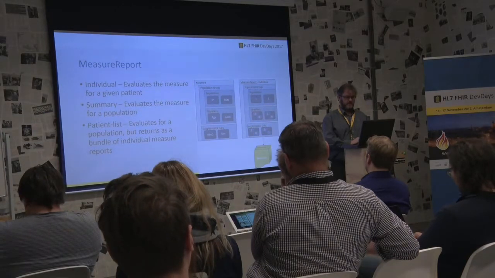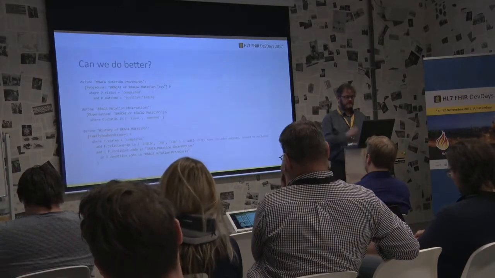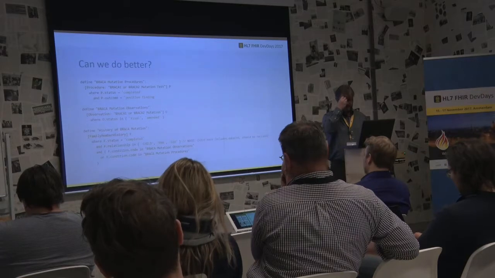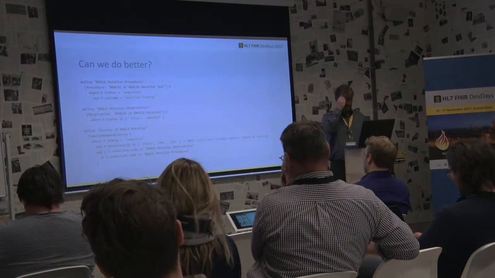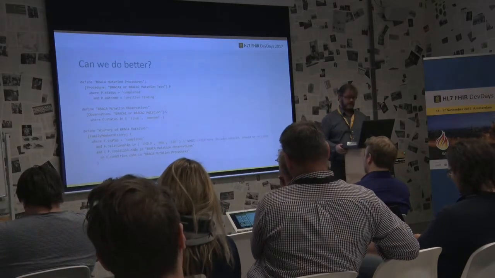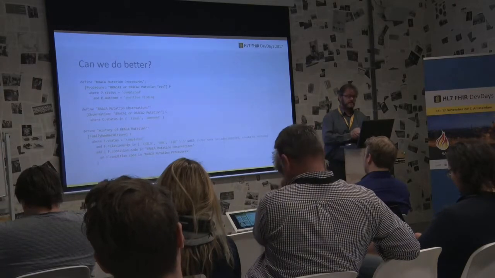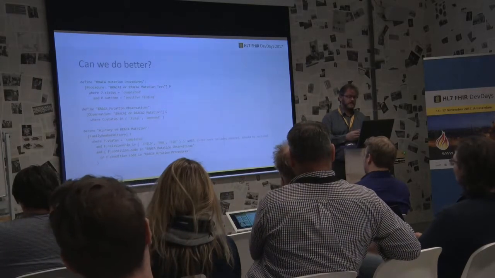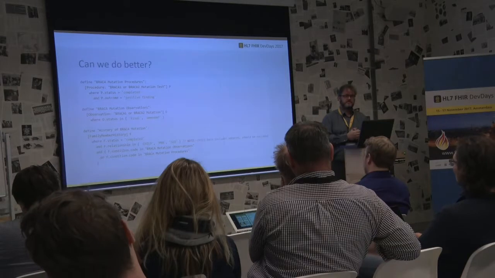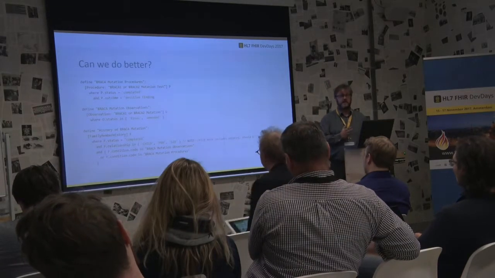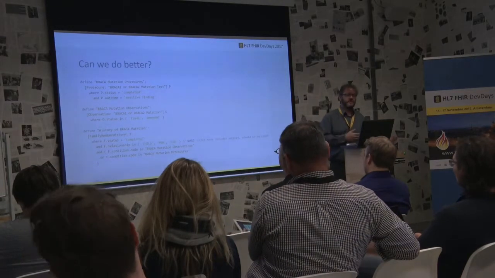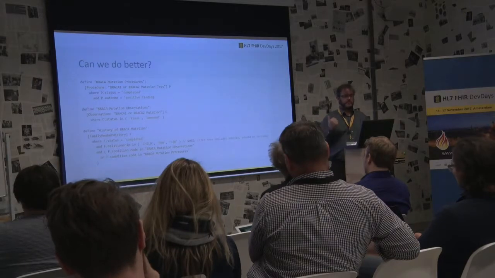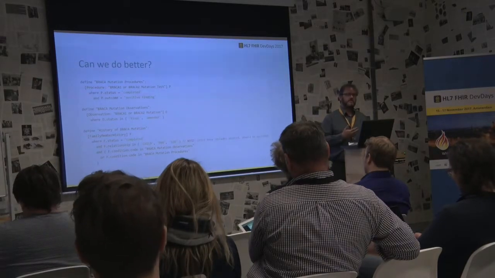All right, so can we do better? At the Digital Quality Summit 2 weeks ago in America, we asked this question: can we do better? Can we take the access to additional information that something like FHIR enables, and can we improve these measures? Because right now, that measure in particular, the breast cancer screening, is based on billing data.